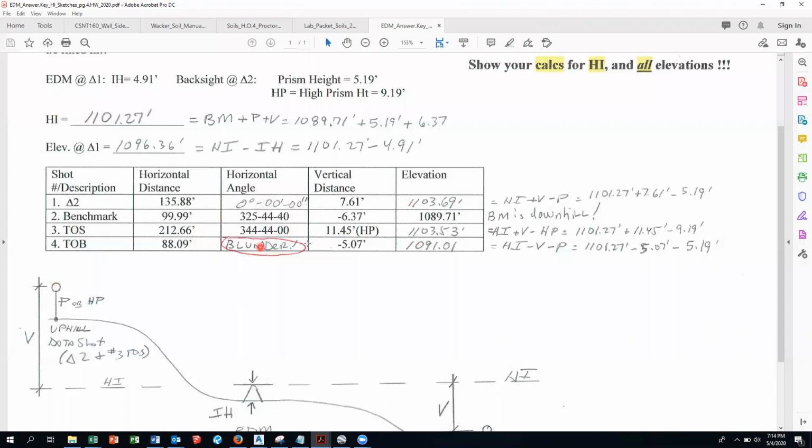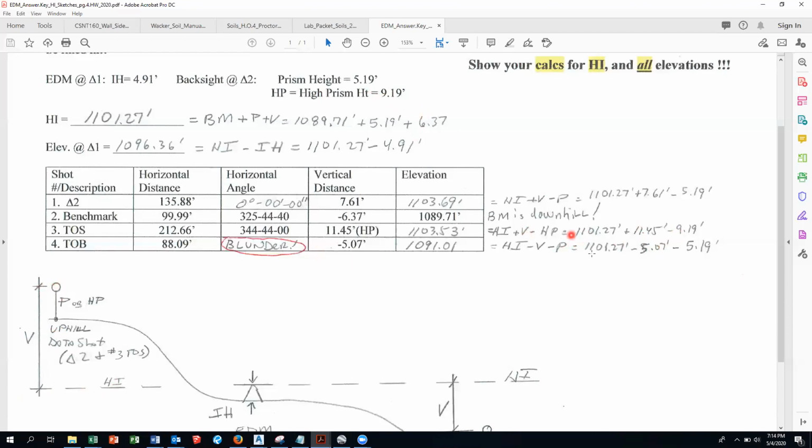12 slope, it's also positive. And because that vertical distance is positive, I'm looking uphill, I can use the same sketch. The only difference is now I have a high prism. So again, I go with HI plus whatever V is minus the height of the prism. So I have the HI, 1101.27, plus this 11.45. Oh, I did it wrong.